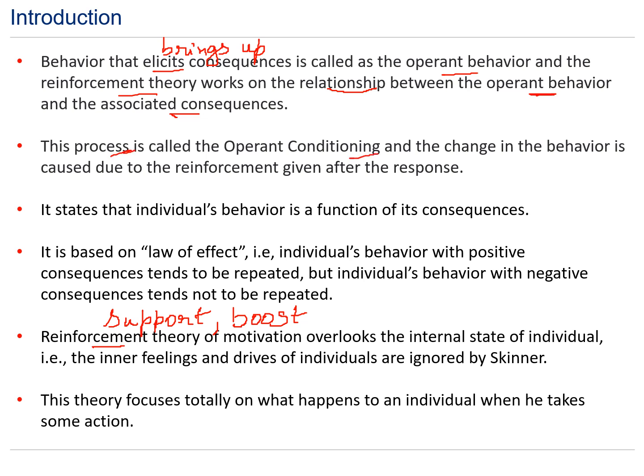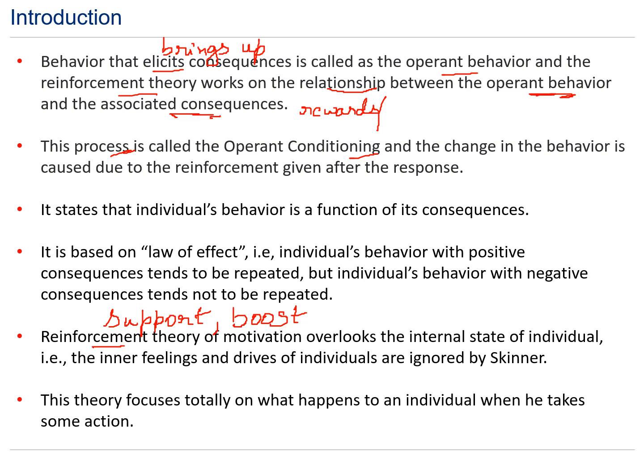So for example, an employee achieves the target. When an employee is achieving the target, that particular behavior of achieving the target is called the operant behavior. And the associated consequences could be rewards or recognition given to that employee. So that is called the associated consequences.